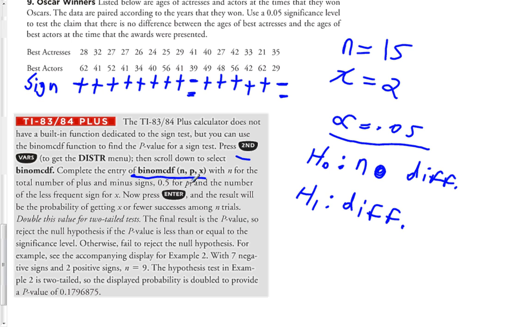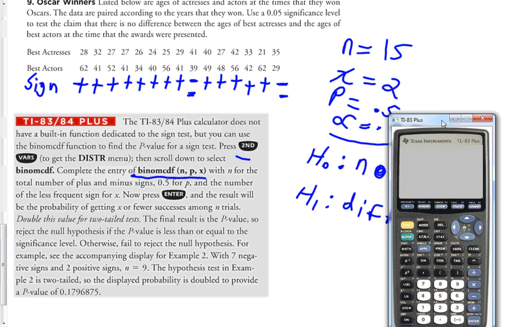Because it says right here where n is the total number of plus and minus signs, that's n, 0.5 for p, and the number of the less frequent sign is x. So we have x is equal to 2. For p, we're going to use 0.5.